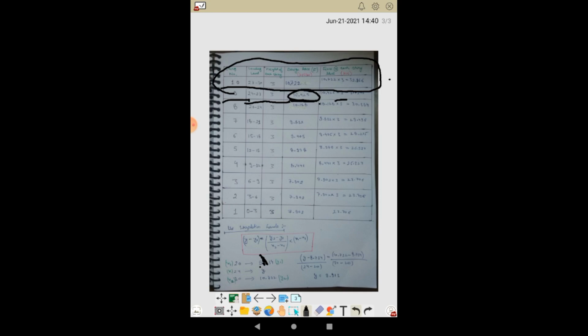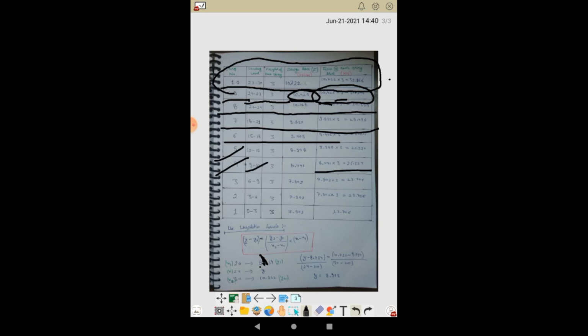So for each and every level we need to calculate the total value, so that's why we are just multiplying it by 3. Okay, so further we will be calculating the value the same way we have done in step 1 and step 2, and for different stories and different loading levels you would be able to find the value of force.